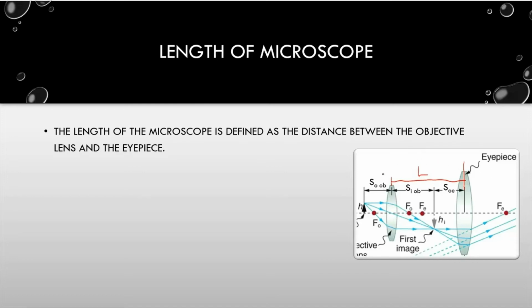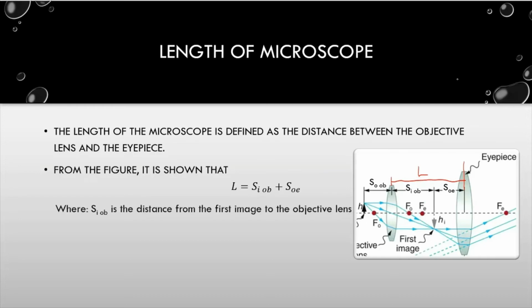Here from the figure, we can see that L equals S_IOB plus S_OE, where S_IOB is the distance from the first image to the objective lens. From here, this is the first image to the objective lens.